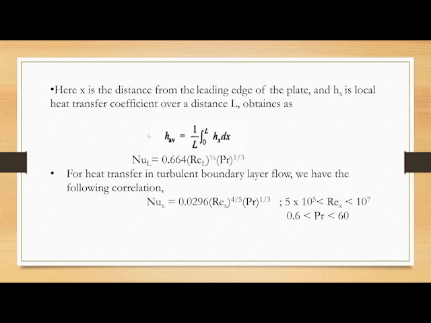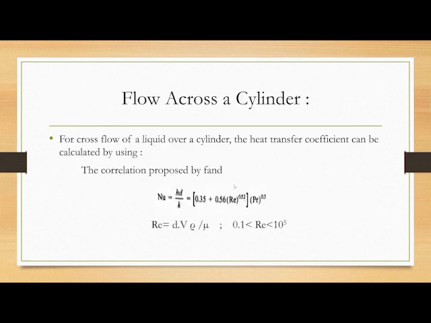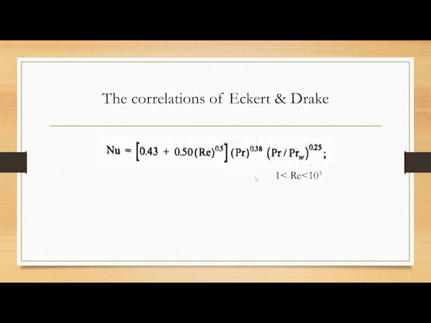This is the correlation for the laminar flow, and the one below is for the turbulent boundary layer flow, with the given condition of applicability. Here we have the condition of flow across a cylinder and the correlation proposed by Fand, which is given here, and another correlation given by Eckert and Drake, and the condition of its applicability.